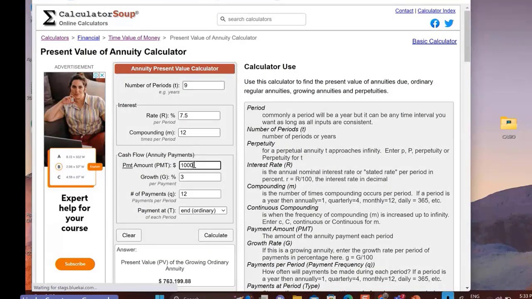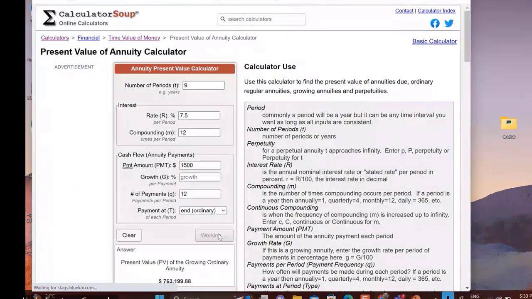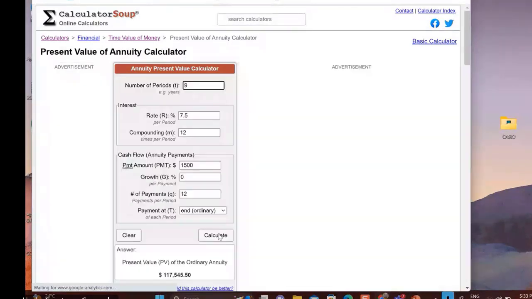So our payments, we said, is 1,500. We don't have a growth. And then the payments period is 12 months. And then it is an ordinary. Then you calculate.